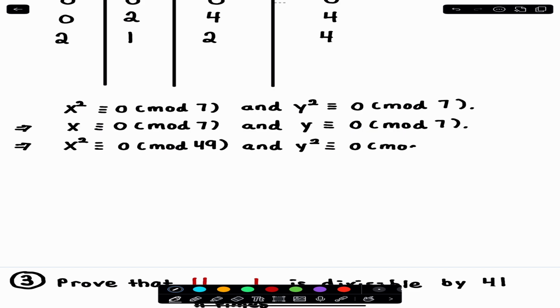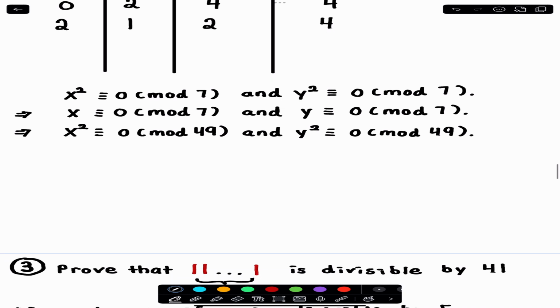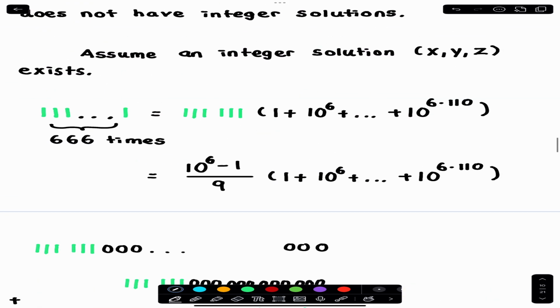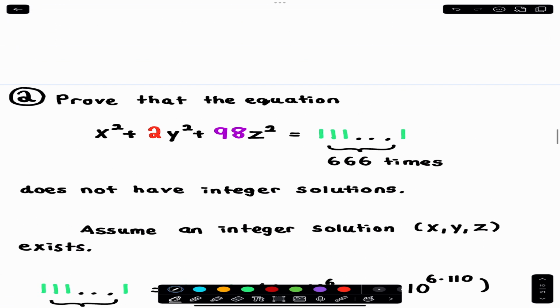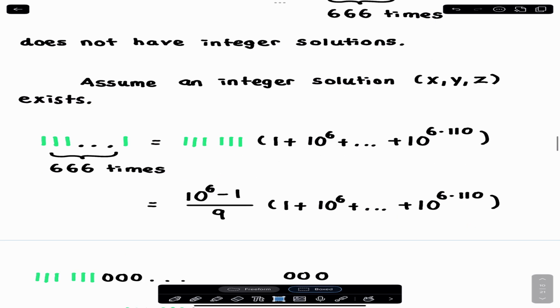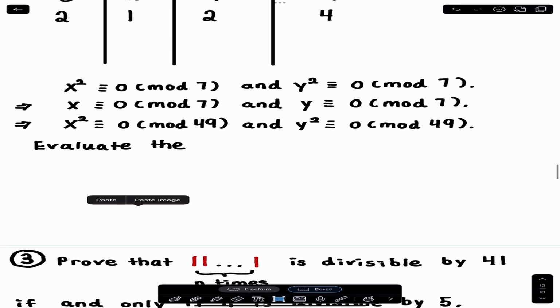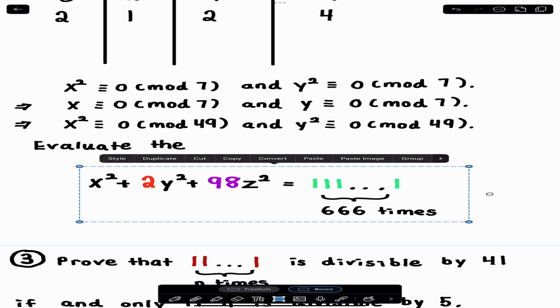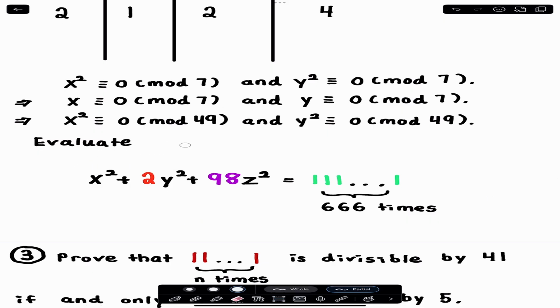It's a similar logic for y squared, because now we will evaluate this equation over here, and I'm going to erase this actually.